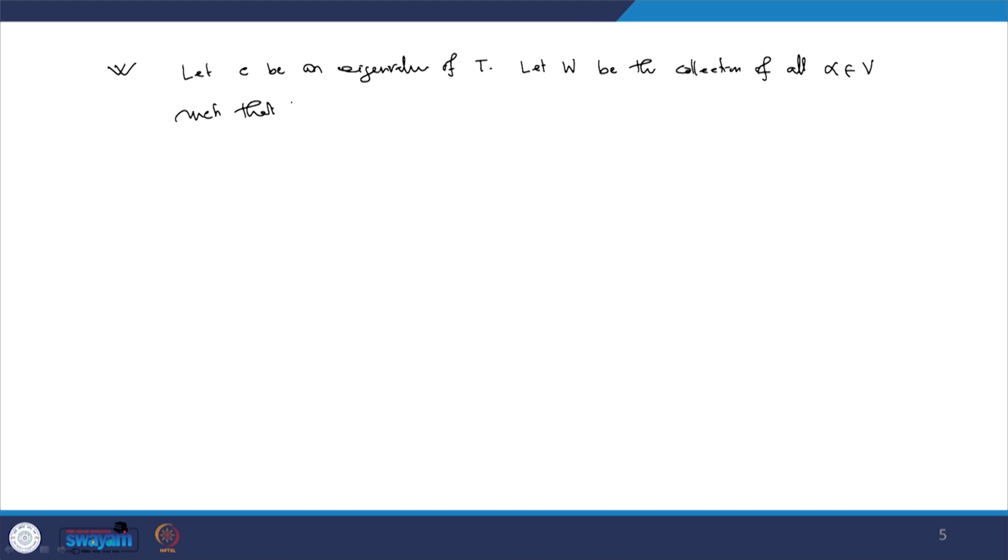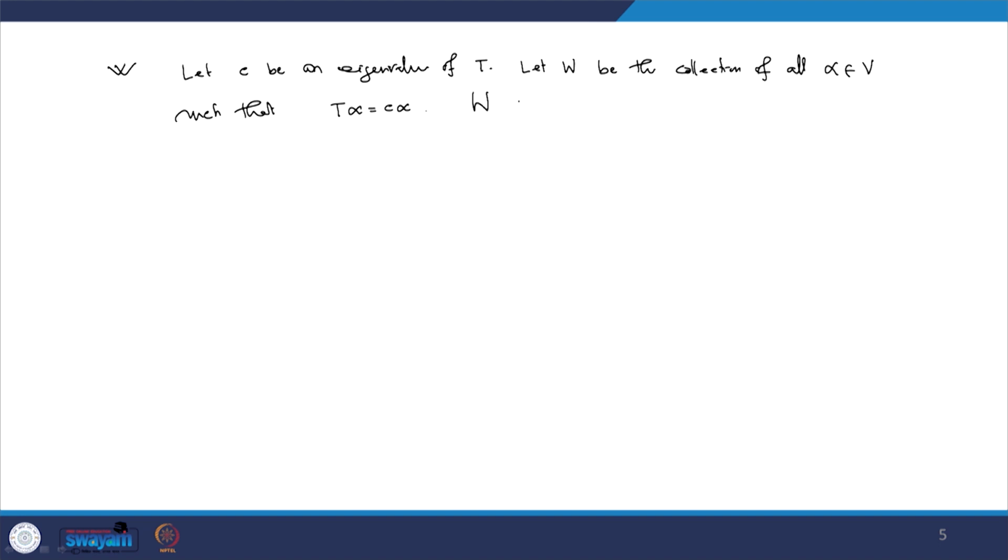Another important terminology is like this: let C be an eigenvalue of operator T. Let W be the collection of all alpha belonging to V such that the relation T alpha equal to C alpha is satisfied.